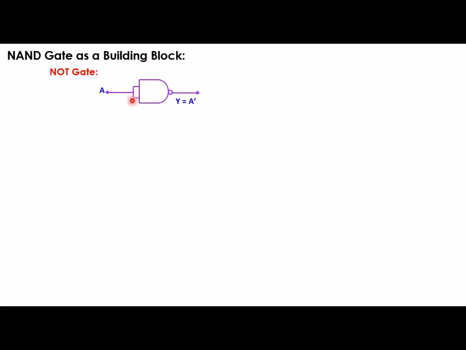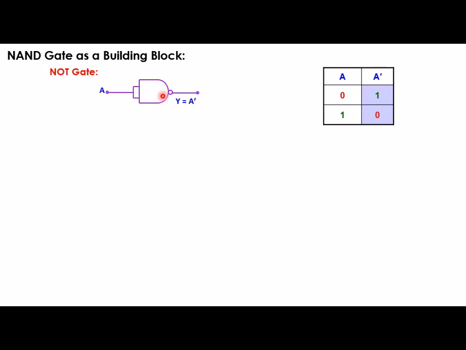You just join two inputs of a NAND gate and give an input, then you will get an output which is nothing but the complement of A. Since the AND operation of same inputs will be same, that means AND operation of A and A is equal to A, and after that you are using a NOT gate here, that's why the output will be A complement. So this is how we can realize a NOT gate.